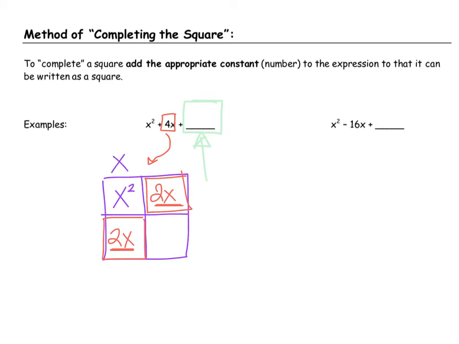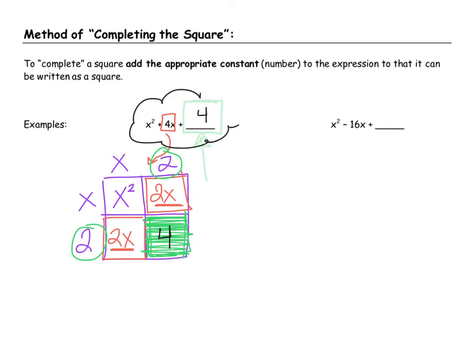I now know I need an x and an x to get x squared. I need an x times 2 to get 2x, which means that the number that completes my square has to be 2 times 2. So the number that completes the square is 4, and I put that 4 right here to complete the square.